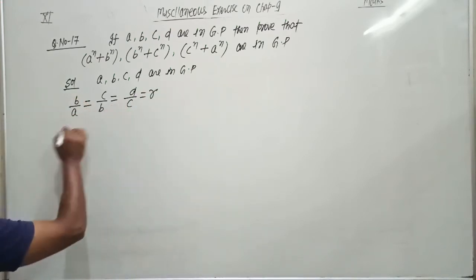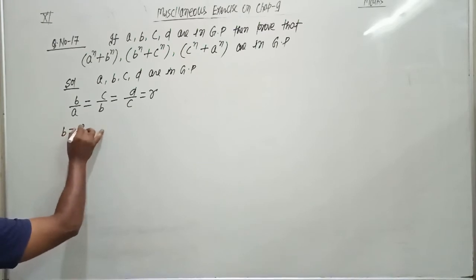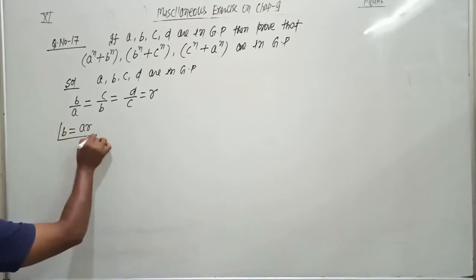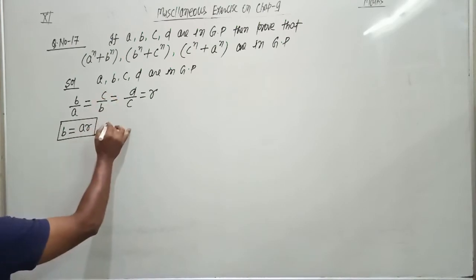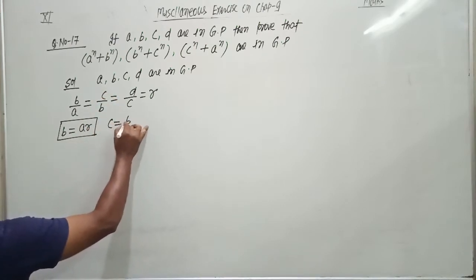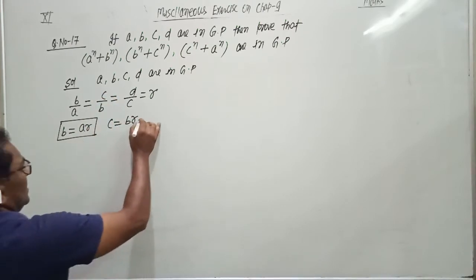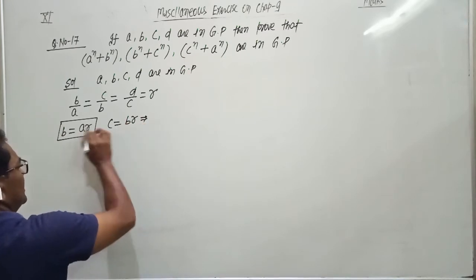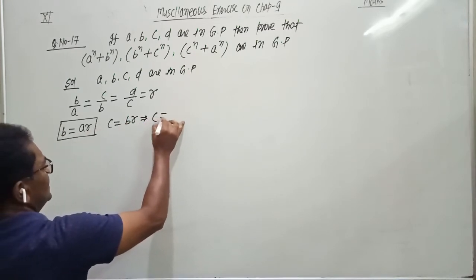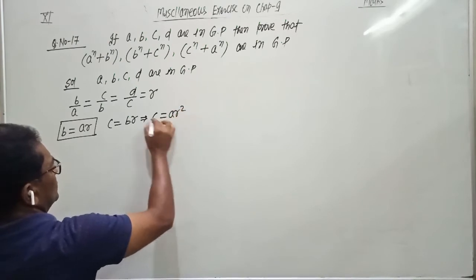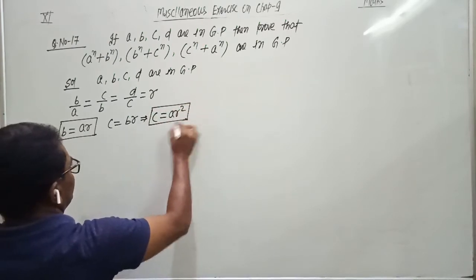Then B by A equals to R, so the value of B equals to AR. C by B equals to R, then C equals to BR. But the value of B is AR, so we get C equals to A into R square.